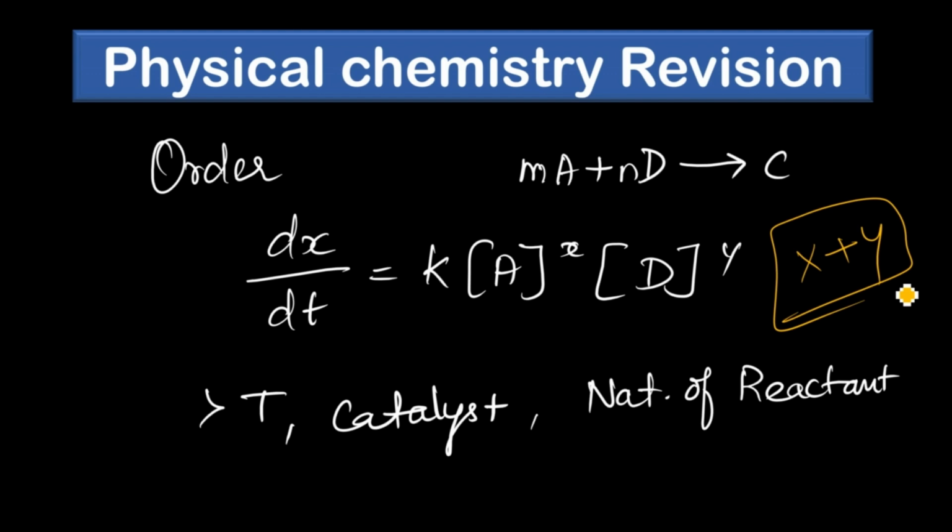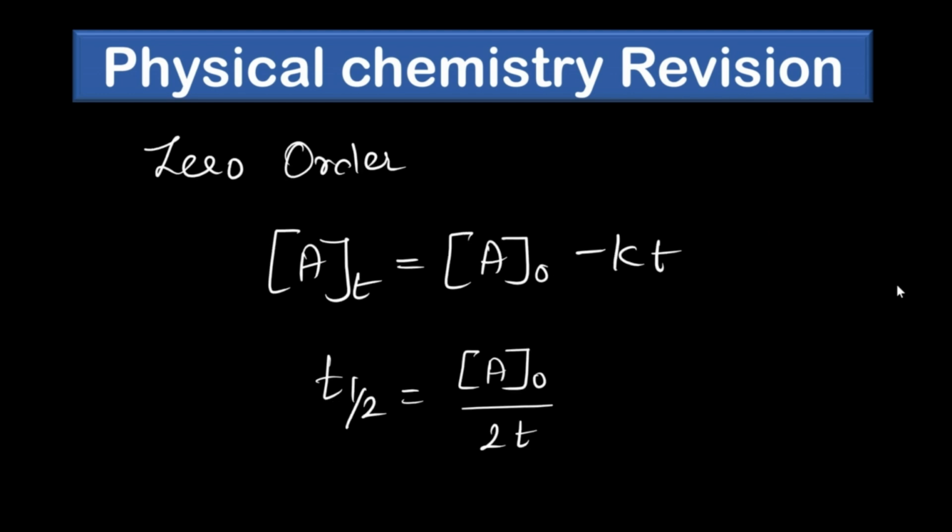What are the types of order of the reaction? The first type is zero order reaction. For example, the photochemical reaction H2 plus Cl2, in the presence of h nu, gives 2HCl. So these are zero order reactions.